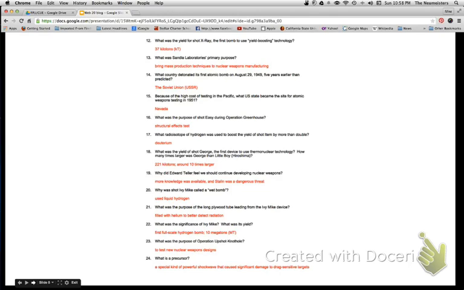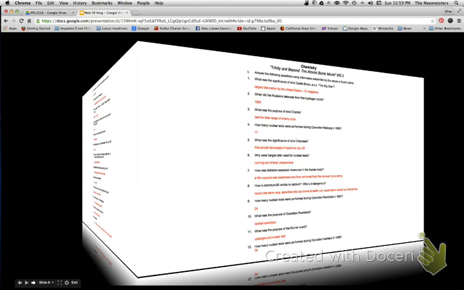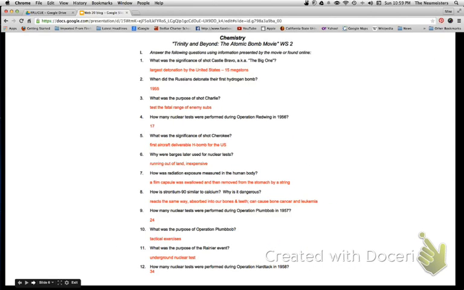There's some more answers for them. Again, they are correcting their papers and filling in the correct answers. They are not working together necessarily, but they are working on this.